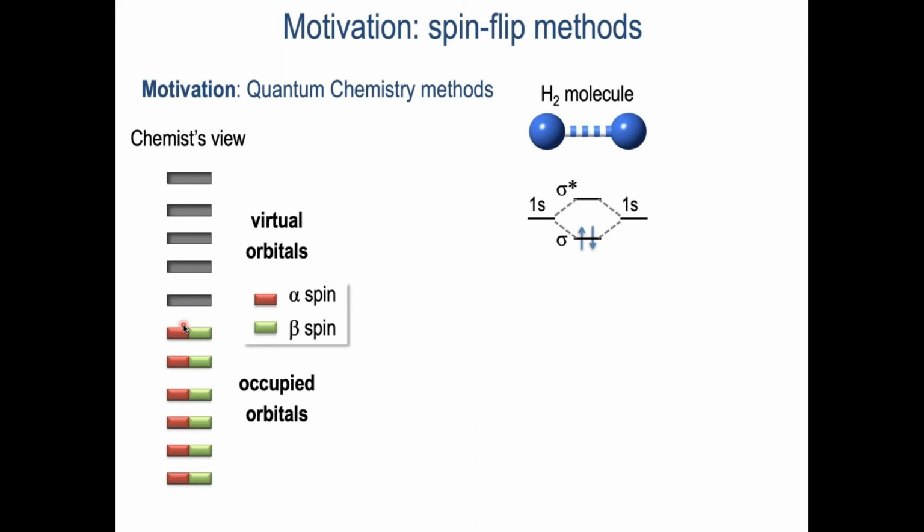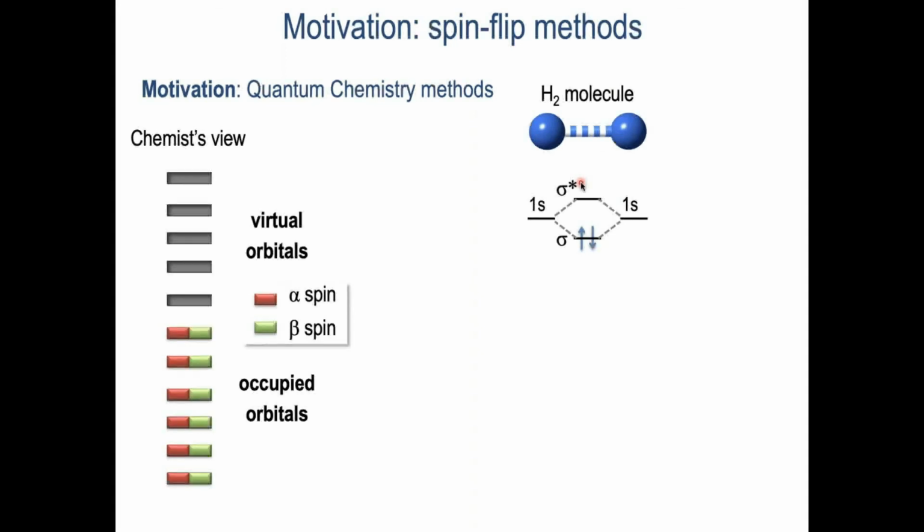And this picture actually works very well for many molecular systems. Let's take the simple H2 molecule, where we have 2 electrons in the sigma bonding orbital and none in the sigma antibonding. This is basically the description of the ground state of this molecule at the equilibrium distance between the 2 atoms.